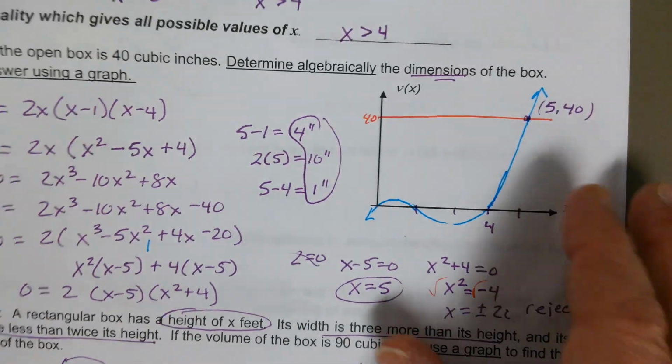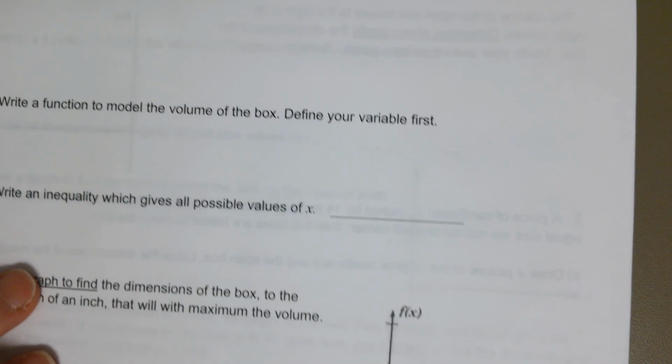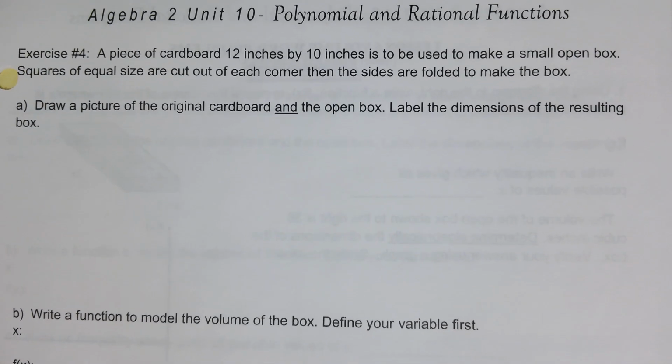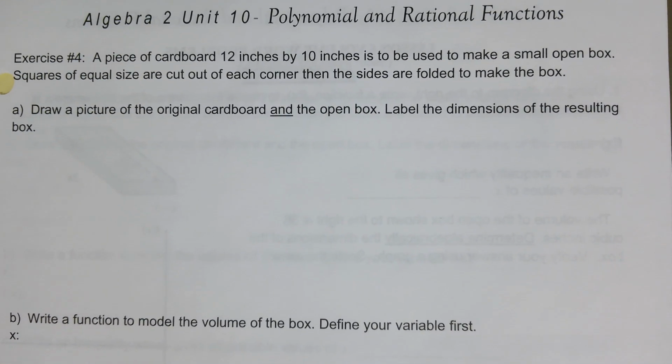Next, page 282. We have a piece of cardboard 12 inches by 10 inches to be used to make a small open box. Squares of equal size are cut out of each corner, then the sides are folded to make the box. So in other words, and this is what we did in class, I showed you in class the other day.